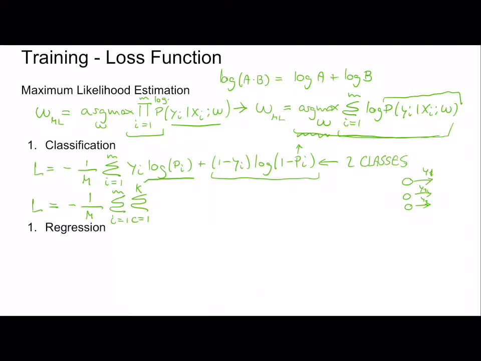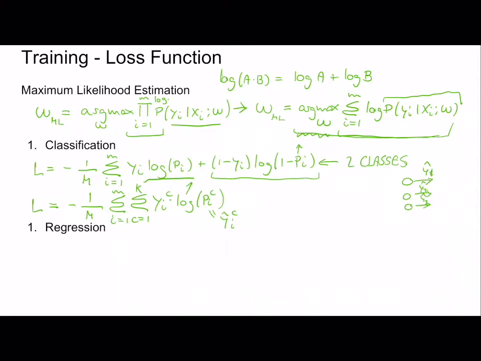So then I need to sum over all my classes, y_i,c times the log of p_i,c. And essentially p_i,c and y hat are the same, so this is also y hat_i,c. But because we're modeling probabilities, I just denote the output as p.